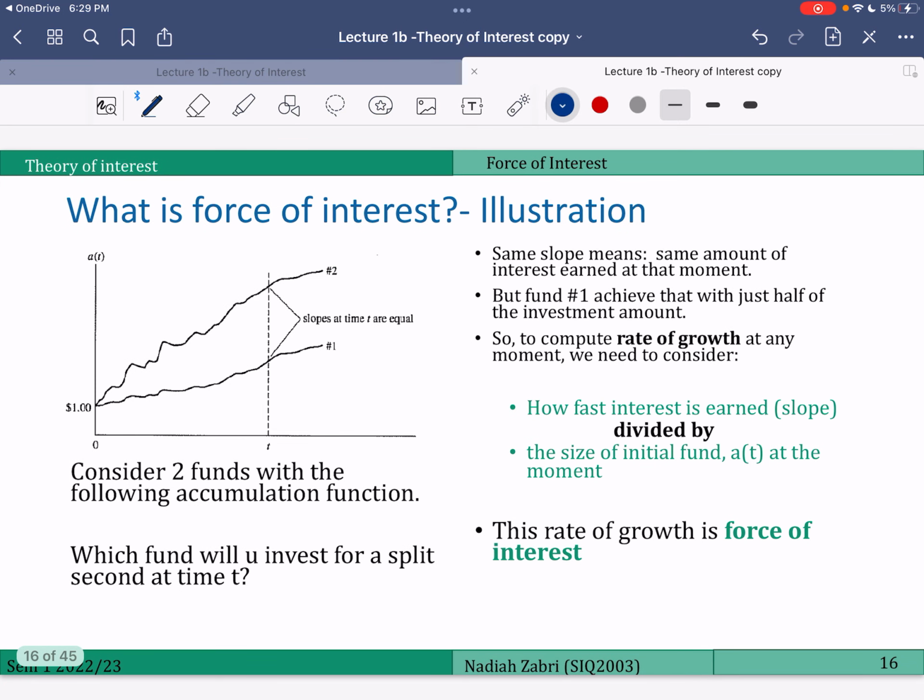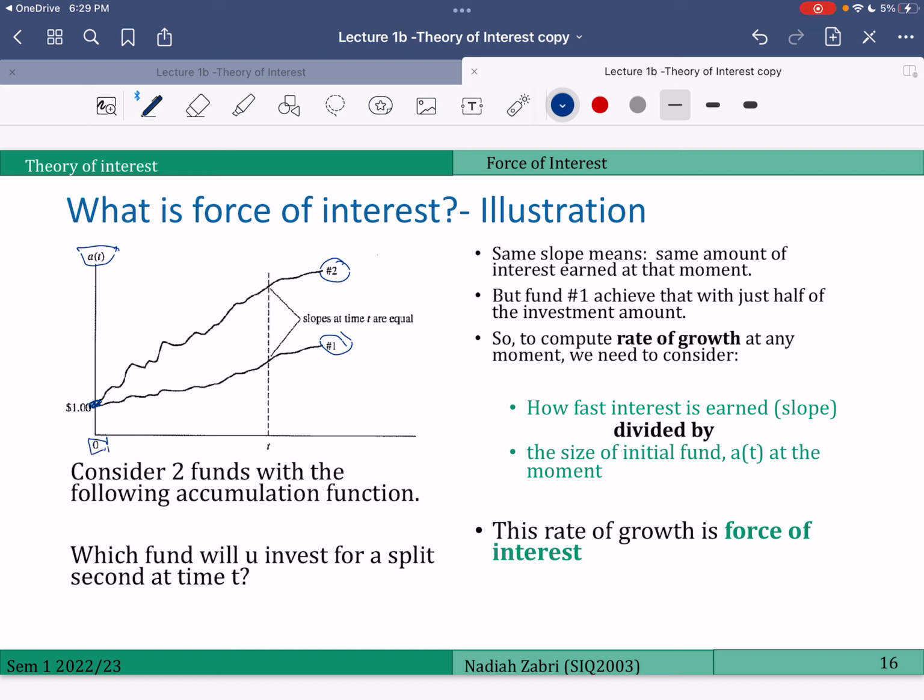Okay, what is force of interest? Let's try to understand from this illustration. We have 2 funds, fund 1 and fund 2. They both start with 1 ringgit, $1, and then they grow differently. They have different accumulation functions, A(t). So if you look at this, which one would you invest in? Not from time 0.